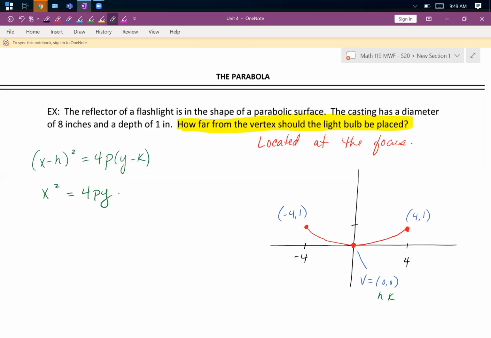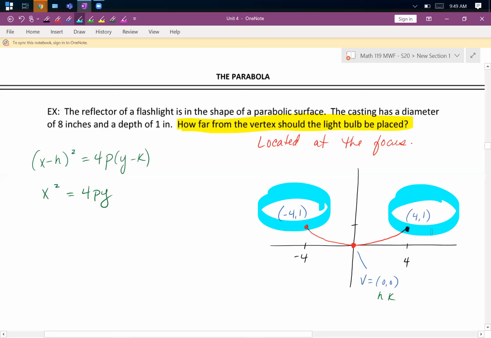We're going to take one of these ordered pairs, doesn't matter which one. I'd be inclined to take 4, 1 because it has all positives. And we're going to plug that in for x and y into our equation over here, and then we can solve for p. That'll be 4 squared equals 4p times 1. 16 equals 4p.